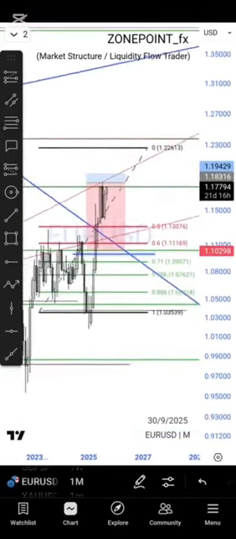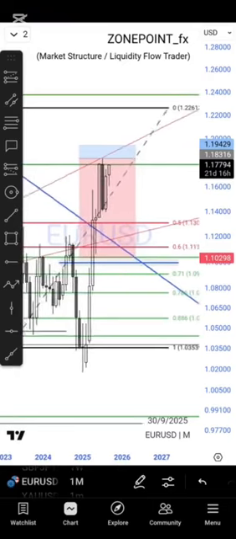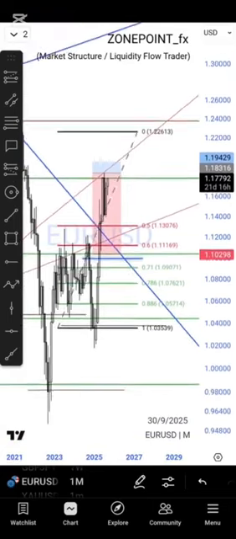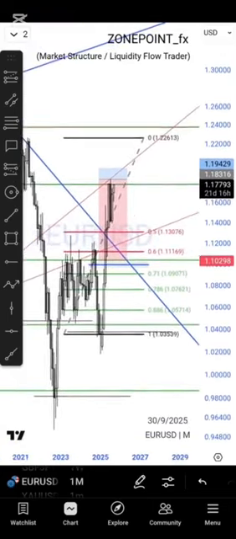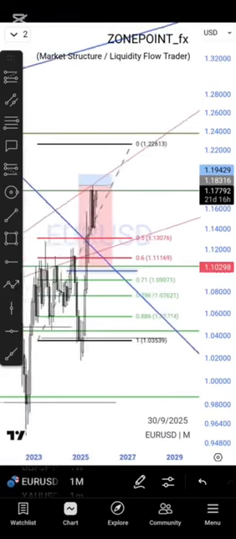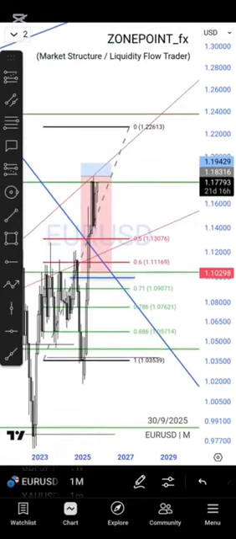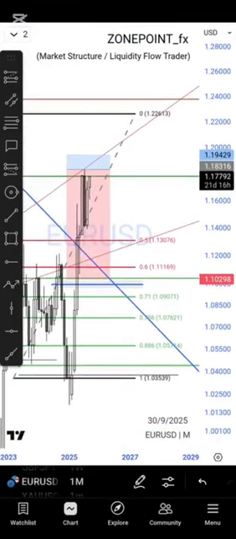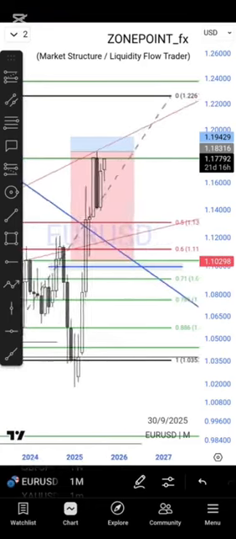Hope you are seeing my analysis, the way I'm analyzing the chart. That's why I said don't get bothered about how the candle is forming. Just focus on the analysis and forget about the candle formation.